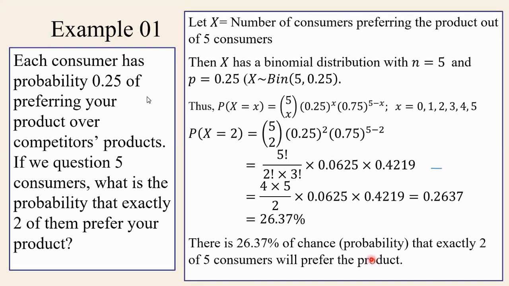Then your part here, you have to use calculators to calculate this. In your calculator, you can calculate this term, 5 choose 2. And there is also a key in the calculator to find this figure, and this figure too. So by using a calculator, you have to learn how we can calculate the binomial probability, not from the table.